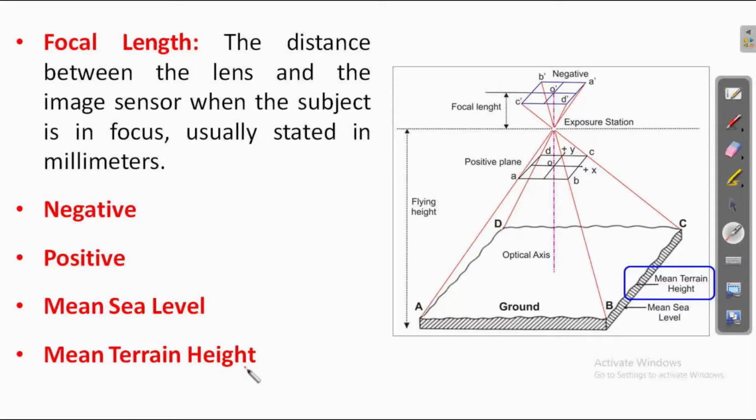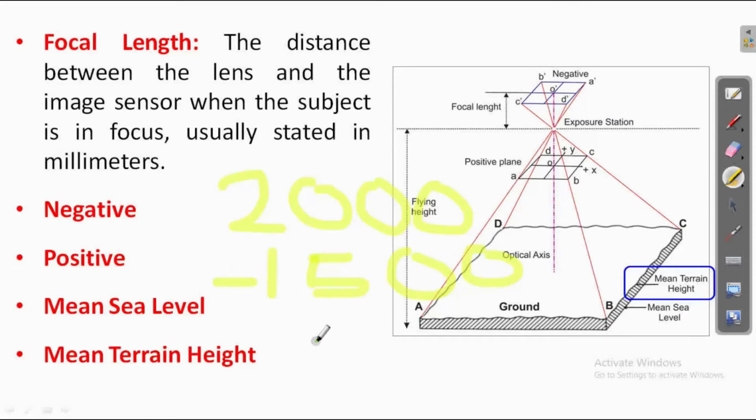If you calculate the scale of a specific point in aerial photography, you subtract the mean terrain height from the mean sea level flying height and then you calculate the scale of the aerial photograph. For example, the flying height of the aircraft above mean sea level is 2000 meter and the mean terrain height of a specific point is 1500 meter.